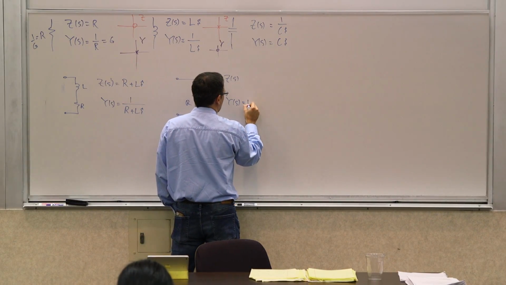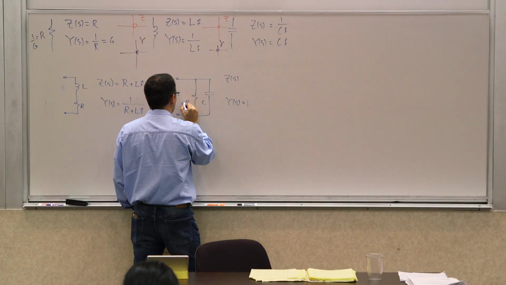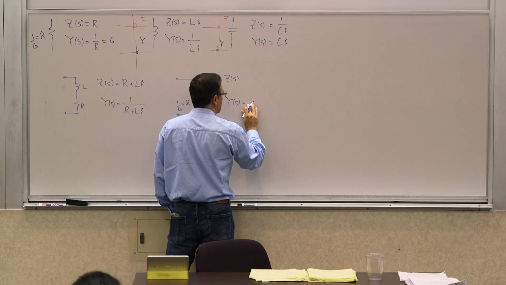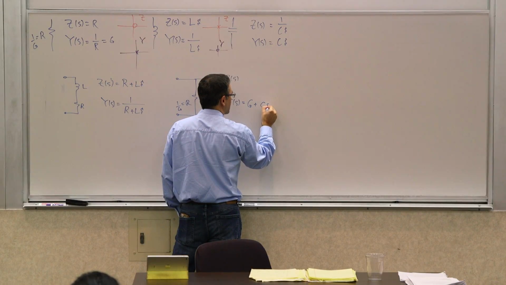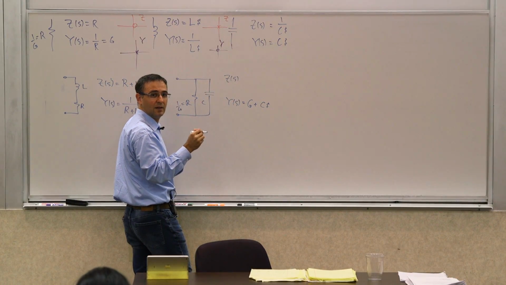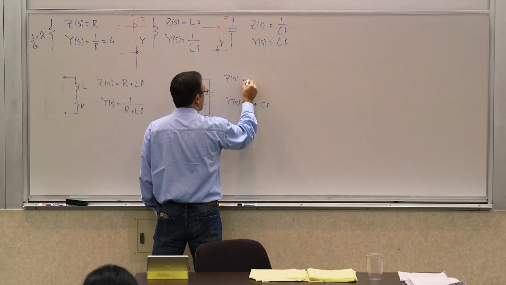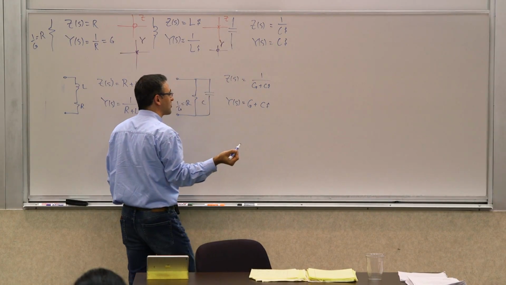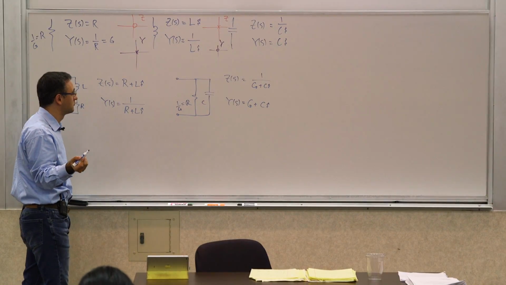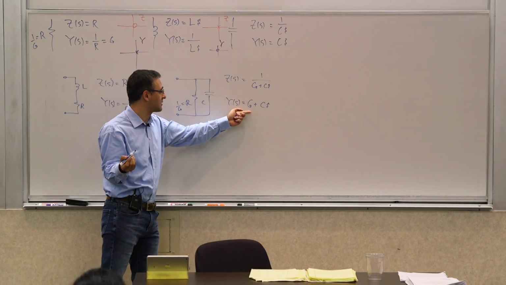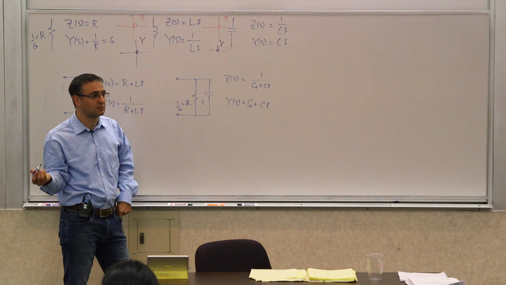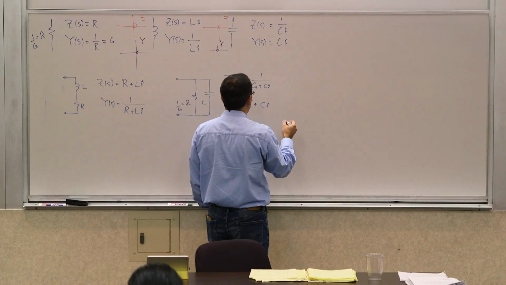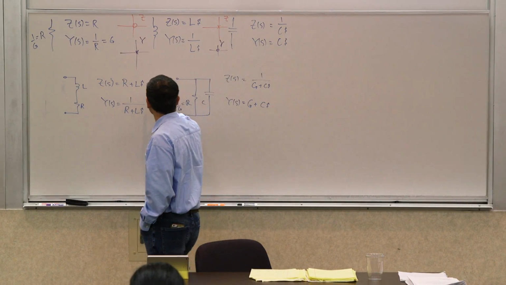Right, it's 1 over R, let's say G, plus CS, right? And therefore, Z is 1 over G plus CS. So this should not be that surprising to you. It's a parallel combination, so the admittances add. Okay?